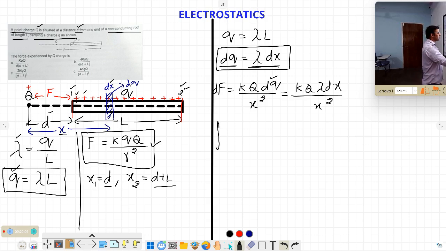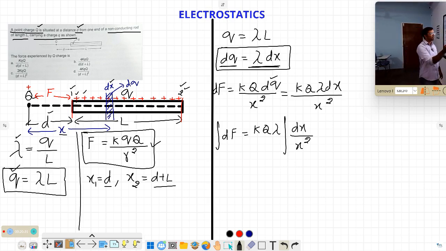So now integral df is equal to, elementary charge, elementary force. Before doing the integration, k is constant, capital Q is a single charge which is also constant, and lambda, the linear charge density, is also constant. All constants I take out of the integration, and the remaining part I write as dx by x squared.